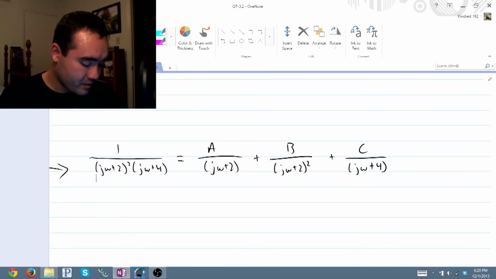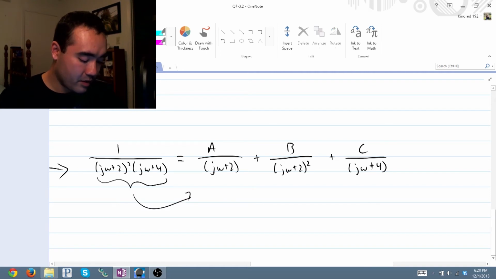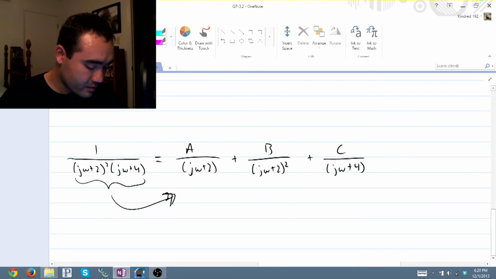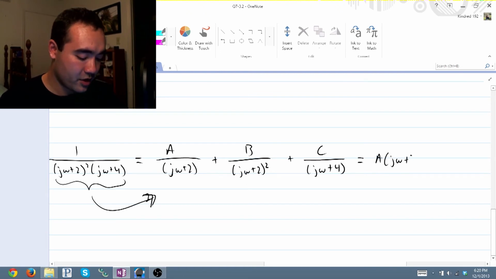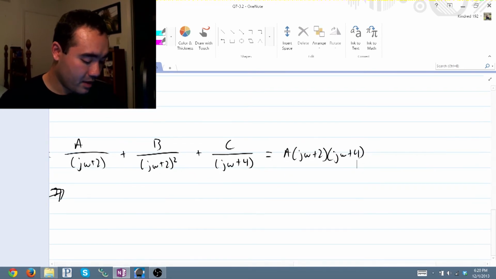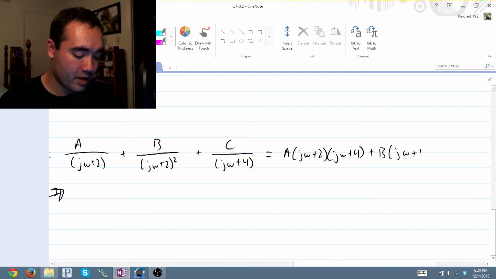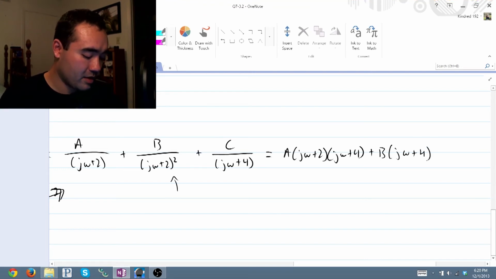Let's see. We're going to take our denominator here and multiply it into the other side, and without spending time doing all of the algebra, we know that this is going to be a times j omega plus 2, j omega plus 4, plus b times j omega plus 4, because we have that double root at the bottom.